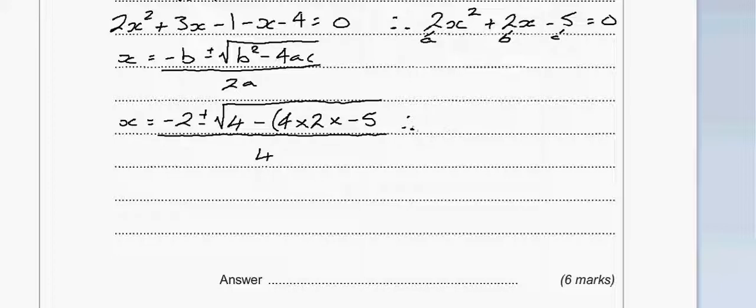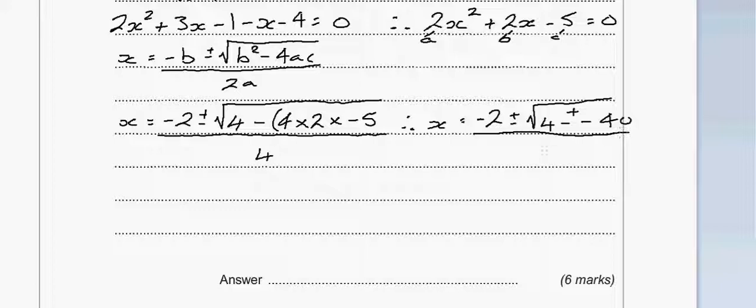So I can now say that x equals minus 2 plus or minus the root of 4 minus, now 4 2's are 8, and 8 multiplied by minus 5 will be minus 40. I'll just check this, 8 times 5 is 40, yeah. And we have two minuses, so this can be changed to a plus.